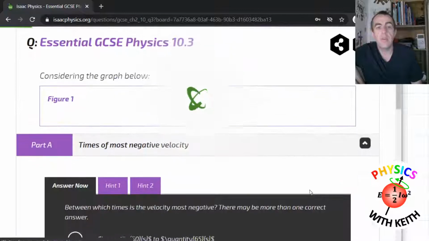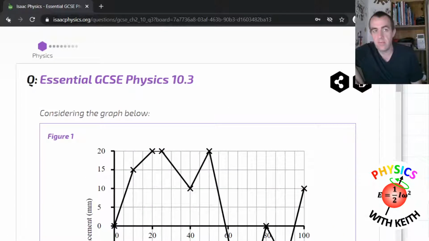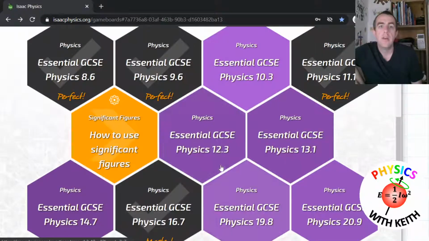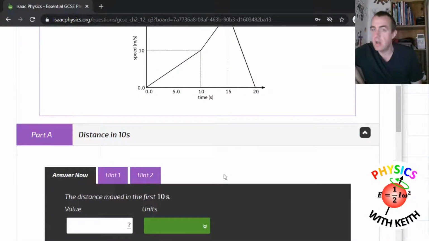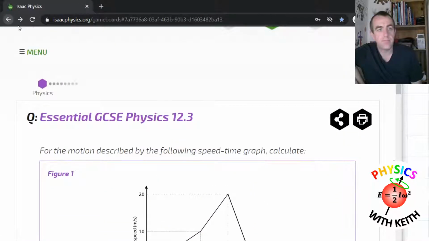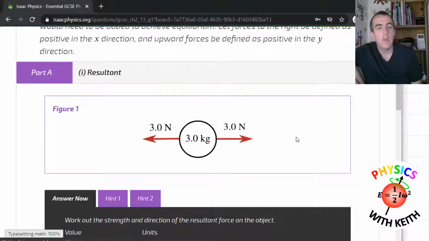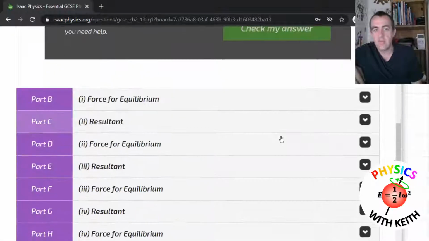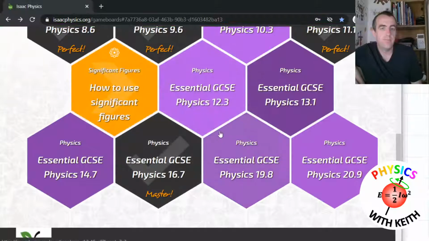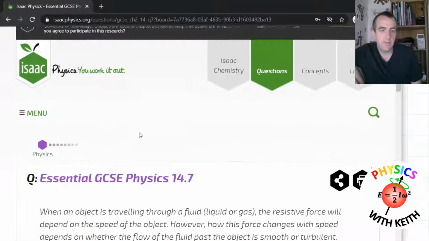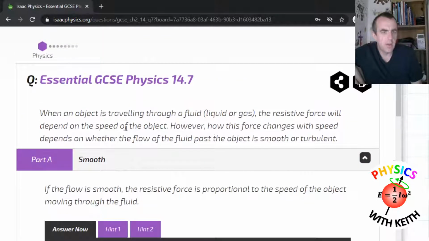So 10.3 was about graphs, displacement time graphs. 12.3 was about speed time graphs. 13.1 was about vectors and resultant vectors. 14.7 was about, I don't know what this is about.